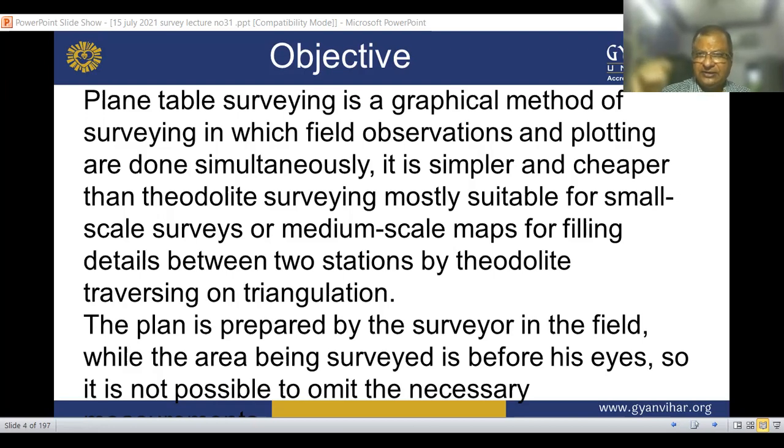It is simpler and cheaper than theodolite surveying and mostly suitable for small scale or medium scale maps, or for filling in detail between two stations fixed by theodolite traversing or triangulation. The plan is prepared in the field while the area being surveyed is before the surveyor's eyes, so it is not possible to omit any necessary detail.